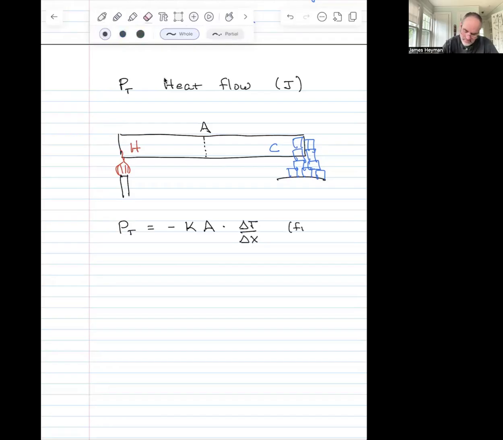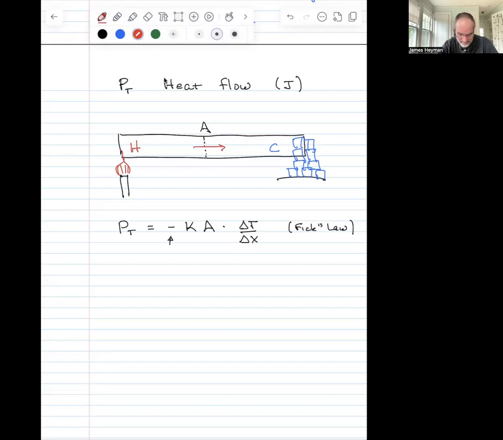This equation has a name. It's called Fick's law. And it describes heat flow. Notice the minus sign here. The minus sign makes it so that heat flows from the hot object towards the cold object, okay?